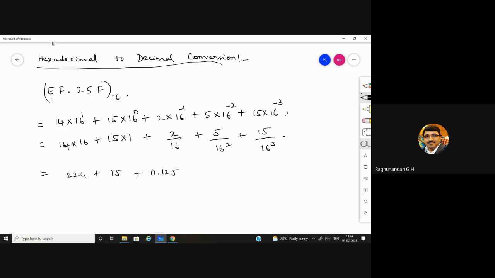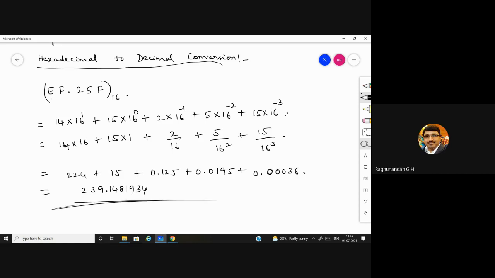plus 0.125 plus 0.0195 plus 0.00036. Okay, adding all these things, 239.1481934.